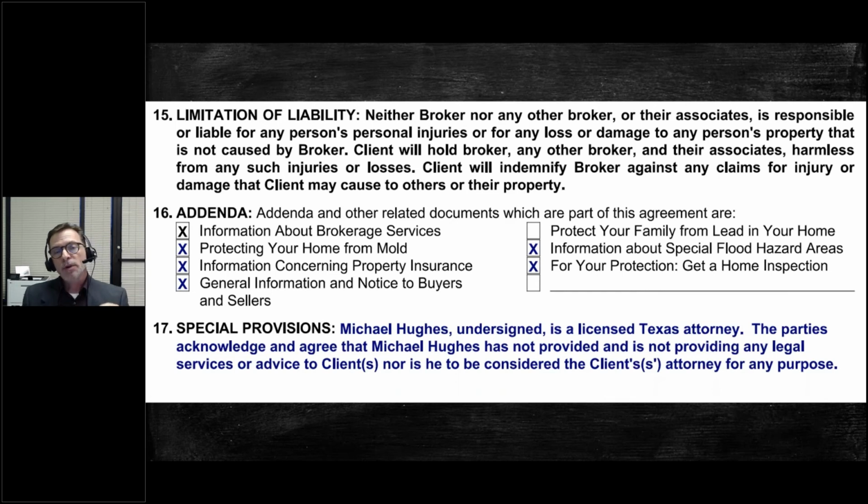Why not include them? But as we're going to see starting next time, all of these documents are chock full of disclosures and disclaimers and things that protect the brokerage and protect you against claims or harm or lawsuits or whatever can come up in the context of a real estate transaction.